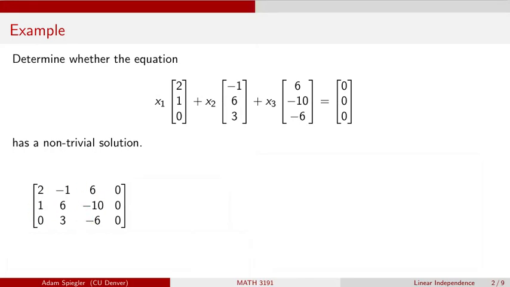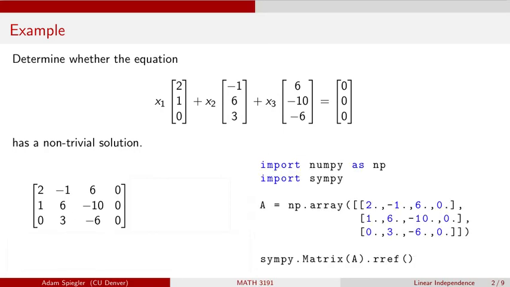We can perform row operations to put this into reduced row echelon form. We could use Python and Google Colab to find the reduced row echelon form using the SymPy library. However you want to do it, you should be able to reduce this matrix to the following form.